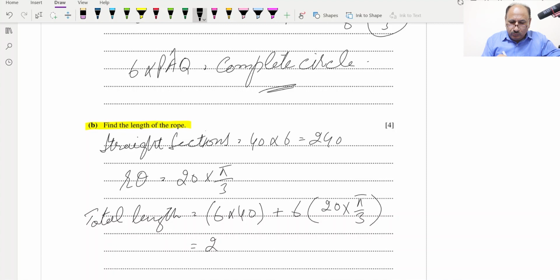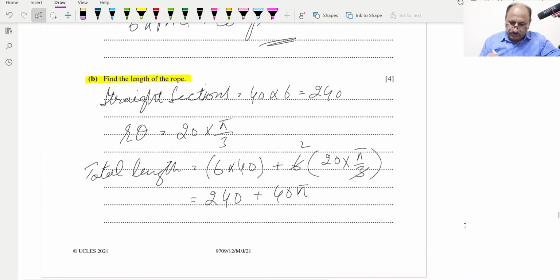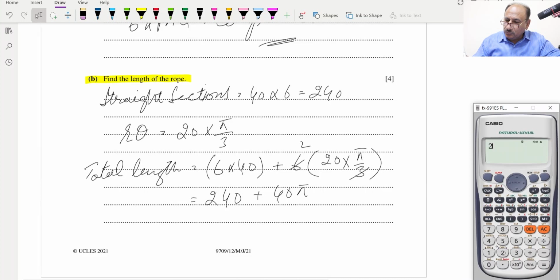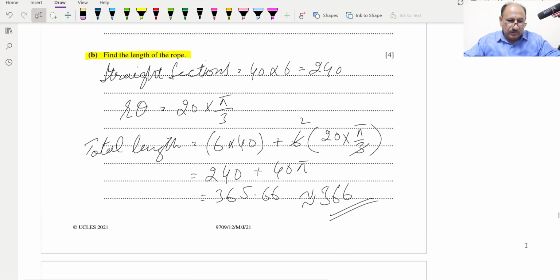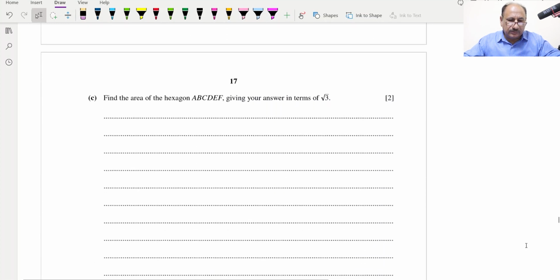This will be 240 plus, 3 2s are 6, and this will be 1, this will be 40 pi. If we add this together with the help of a calculator, 240 plus 40 pi is equal to 365.66, which is approximately 366, and this will be our answer. Find the length of the rope. This will be the length of the rope.